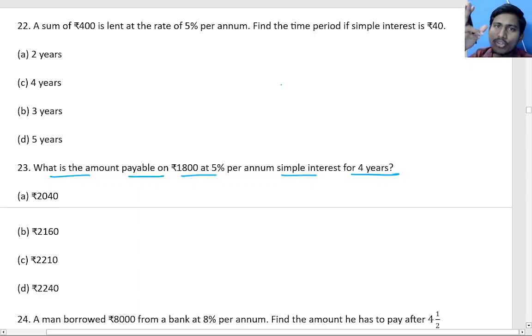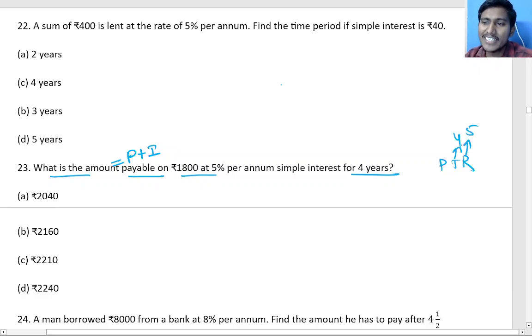We know amount means we have to pay principal and interest both, principal plus interest. Then here the shortcut: how do we find? PTR. T is 4, R is 5. 4 5s are 20.